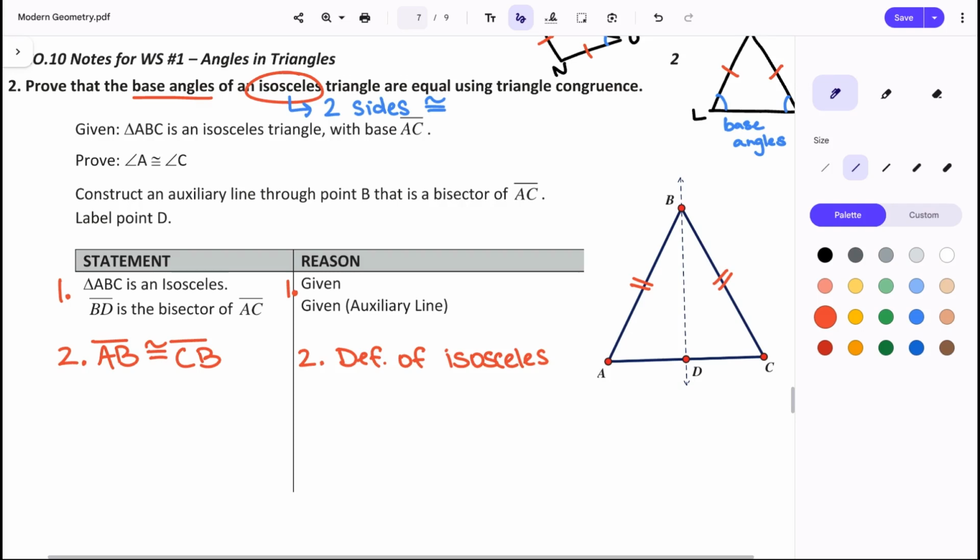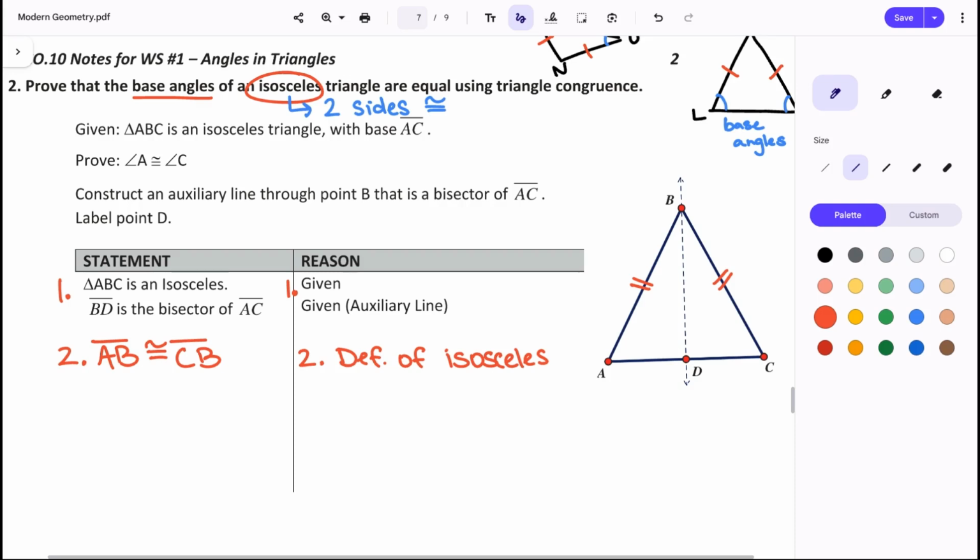Now they're also telling me in my given that BD is a bisector of AC. What does that word bisect mean? We've talked about that before. Splits it in half. So that line that's being drawn in is splitting that side AC in half. So what segments on the bottom would be the same?